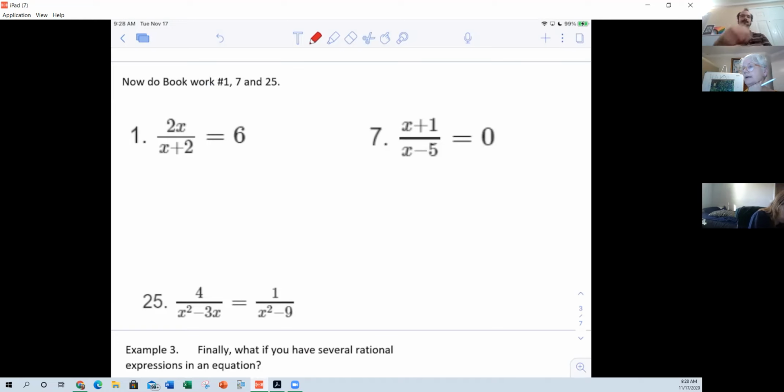And these 3 you can either do by using cross product or finding the lowest common denominator and multiplying through by the lowest common denominator, whichever one you prefer.